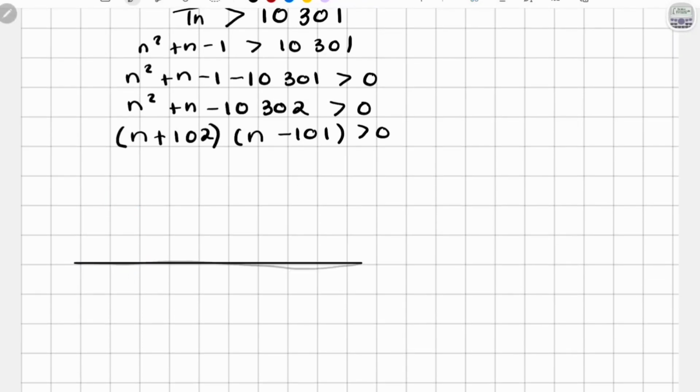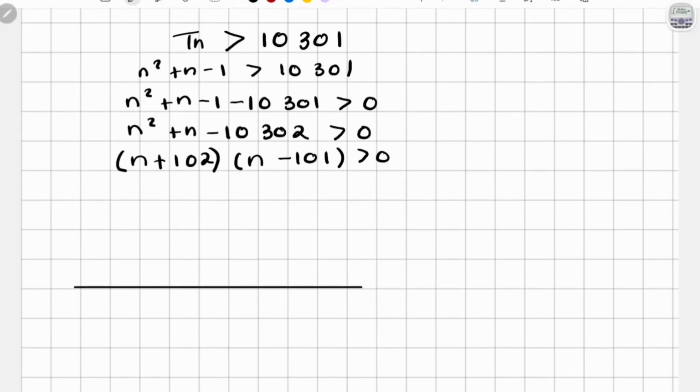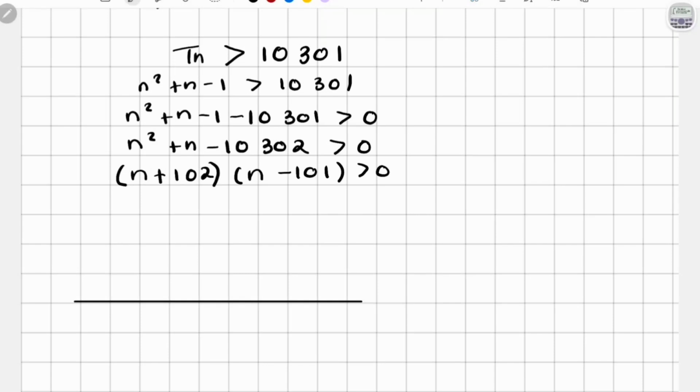The number line method of solving for an inequality is like this. So you're going to take down what we will call our critical values. And our critical values are really just like if you have a factor n plus 102, your critical value of n is going to be the same thing as you taking 102 over the equal to sign, and it becomes a negative 102.